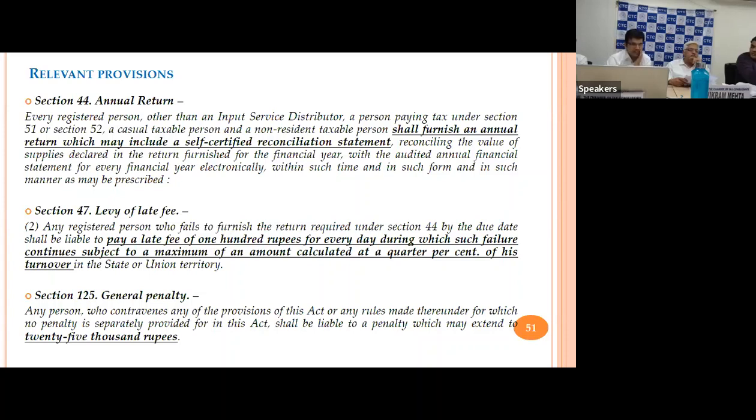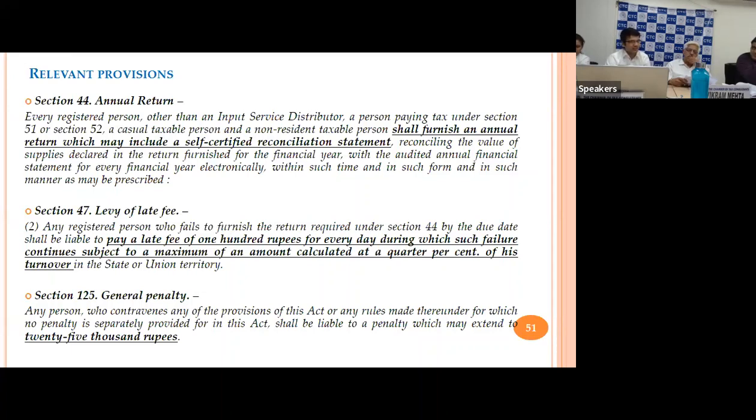If you see section 125, it says any person who contravenes any of the provisions of this Act or any rules made thereunder, for which no penalty is separately provided for in this Act, shall be liable to a penalty which may extend to the specified amount. Now, the question is whether we can say no penalty is separately provided.